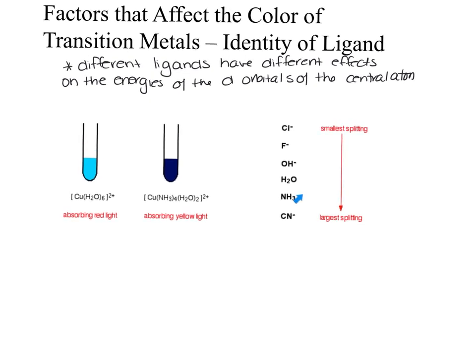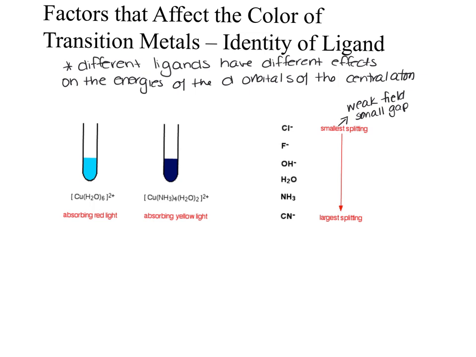This is a list of common ligands attached to metal complexes. Those at the top produce the smallest splitting, so they're the weak field ones with small gaps.